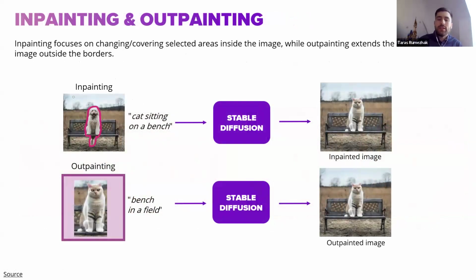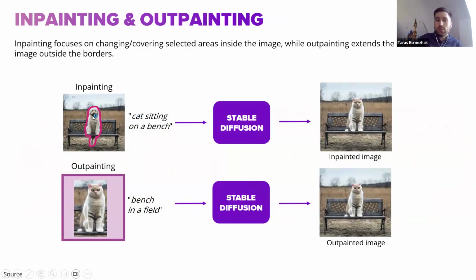Inpainting and outpainting are also very common capabilities of Stable Diffusion, but they have potential in different use cases. For example, we have the original image of a dog sitting on a bench, and we want to replace the dog with a cat.